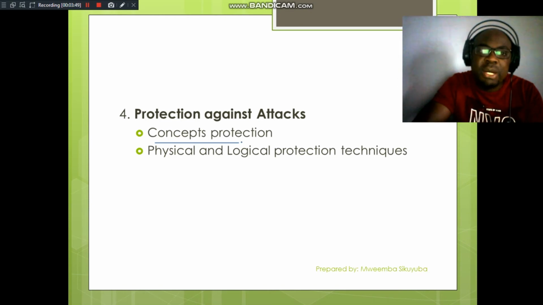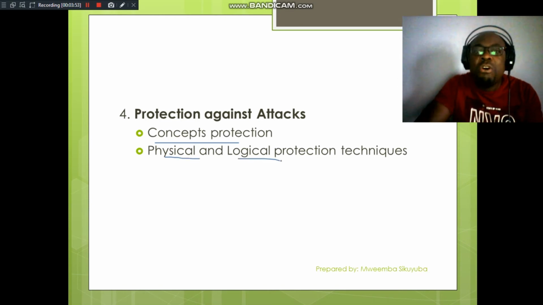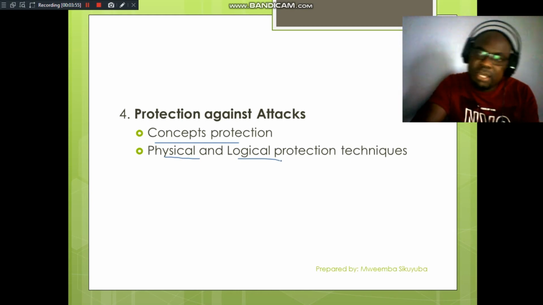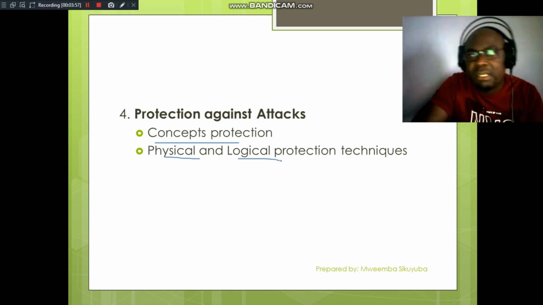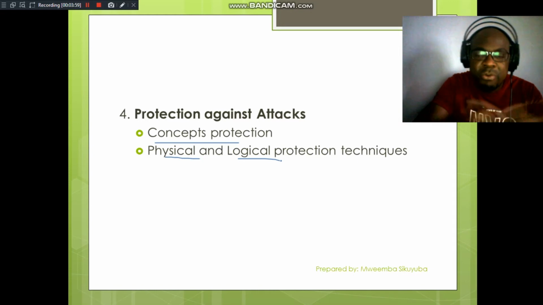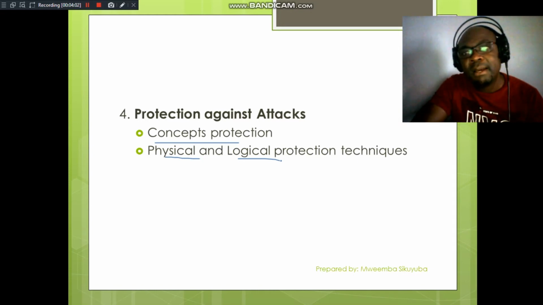We will cover both physical and logical protection techniques that we can implement in our computer systems. We are going to look through that quickly.